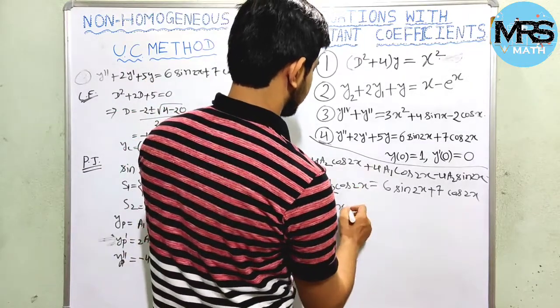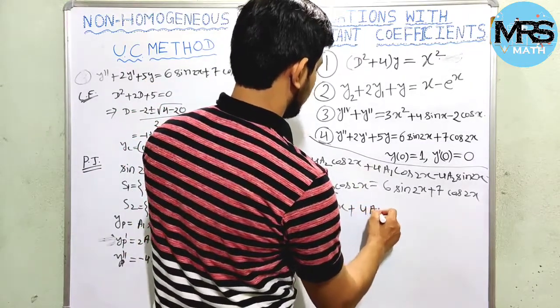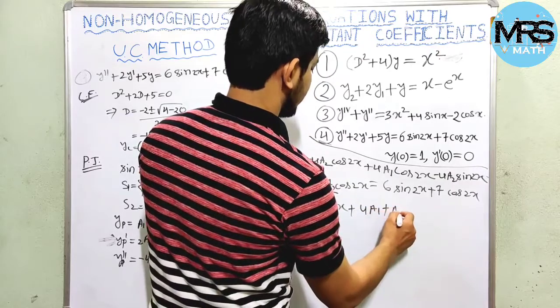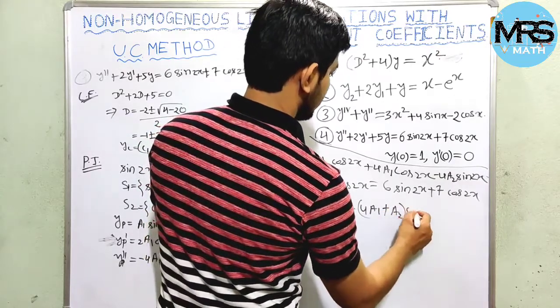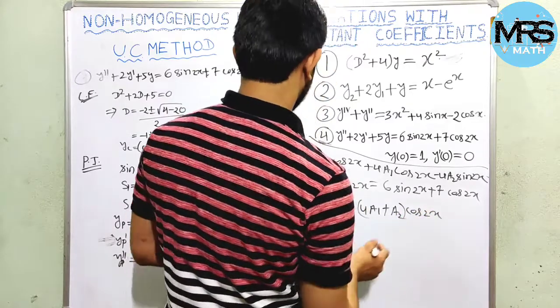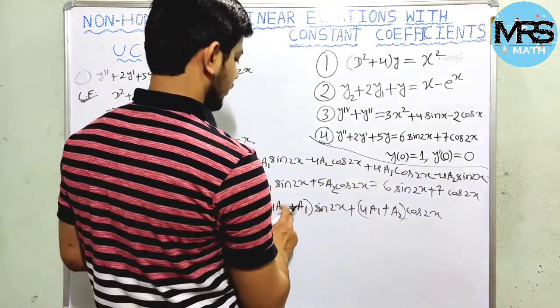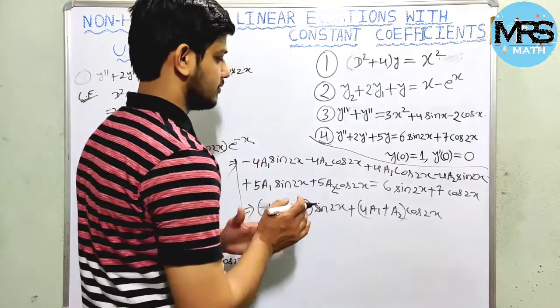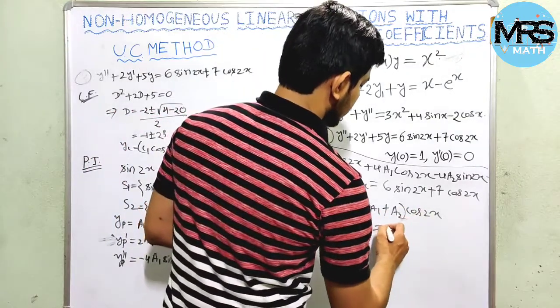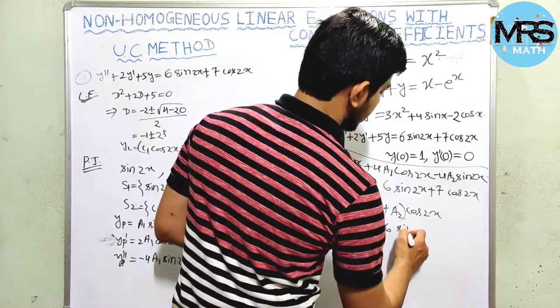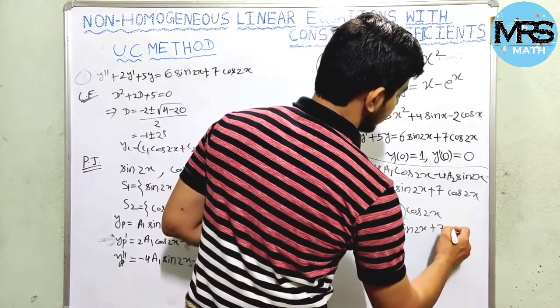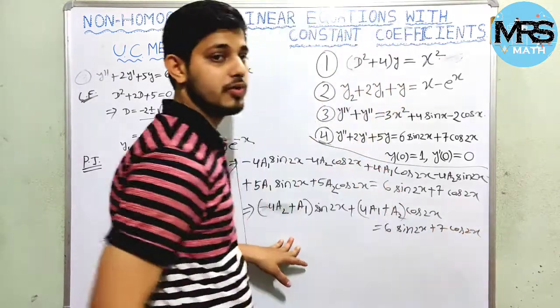So here plus 4a1 is there, 4a1 plus a2 is there, and cos 2x. So how many terms are there? 1 2 3 4 5 6, and all terms are entered, okay, it is correct. So it is equal to 6 sin 2x plus 7 cos 2x, okay.